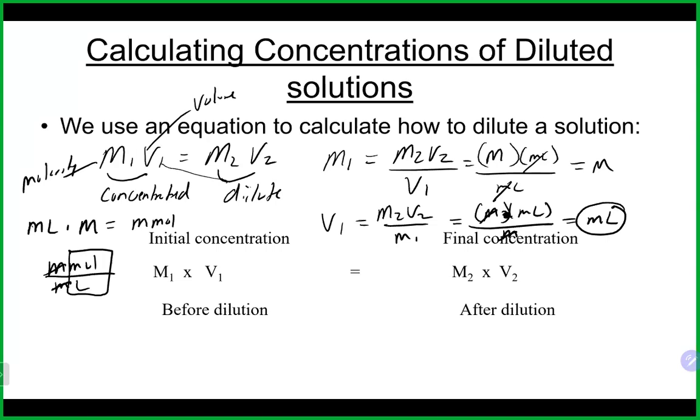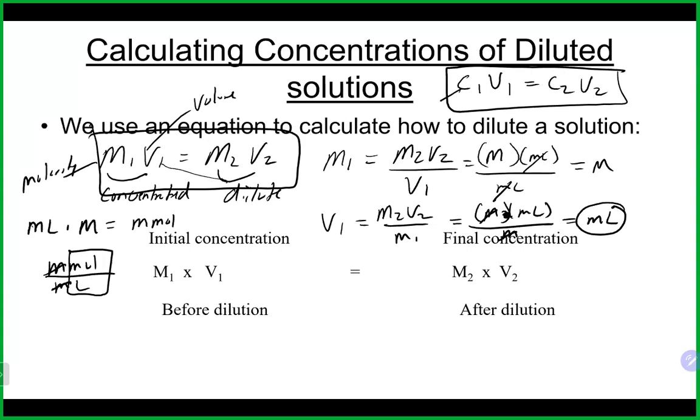I would say most people roll with this equation for the dilution because molarity is the most common unit of concentration for solutions. But there is a generic equation that everybody learns these days, or is very popular these days: C1V1 equals C2V2. What C is here is just a generic concentration.